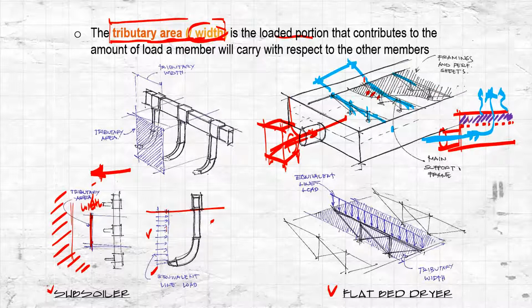Since it's a distributed area, I can multiply that distributed area with this width right here. It's like shrinking this width down to a line, and this is going to be my equivalent line load. This is two-dimensional, and we already know how to compute these line loads.